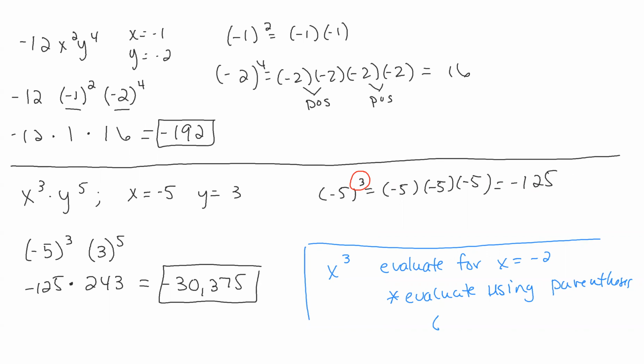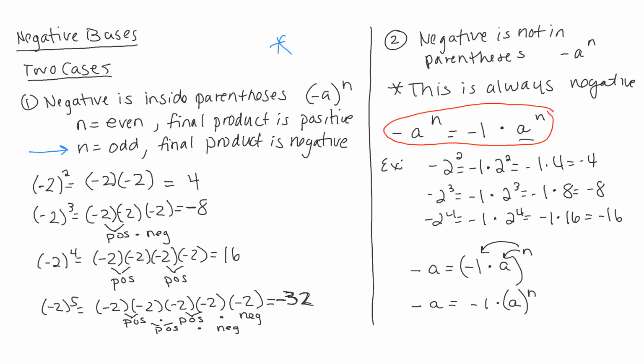So this would be -2 in parentheses to the third, or -8. Okay, just be really careful. So going back to this screen right here, when you're evaluating with variables, those parentheses are kind of assumed. Okay, so anyway, negative bases, you either have parentheses or you don't.